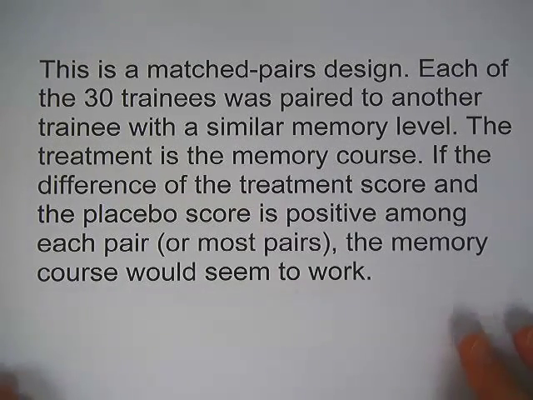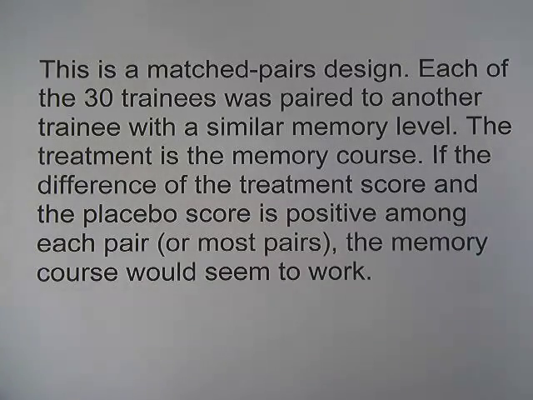So each of the 30 trainees was paired with another trainee with a similar memory level. And then the treatment, of course, would be the memory course. And then there was also the placebo that was involved.